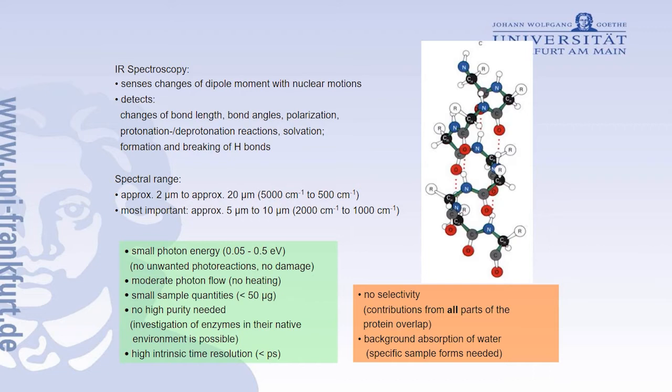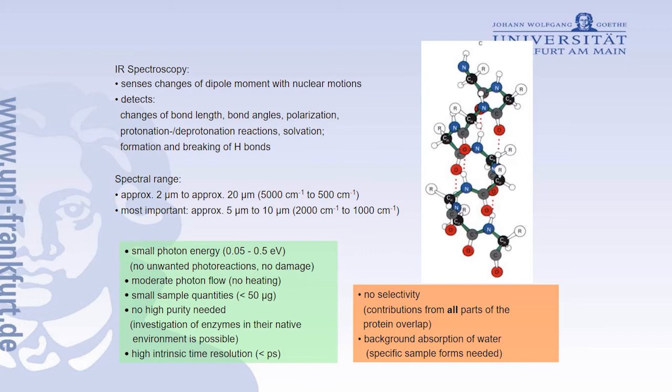What are the pros? What are the cons? Infrared spectroscopy uses small photon energies, which means you don't have unwanted photoreaction, you don't have damage, as could, for example, happen with fluorescence spectroscopy. The photon flow is moderate if you design the experiment correctly. You don't have heating of the sample. Sample quantities are very low by now, so that has been an enormous development.